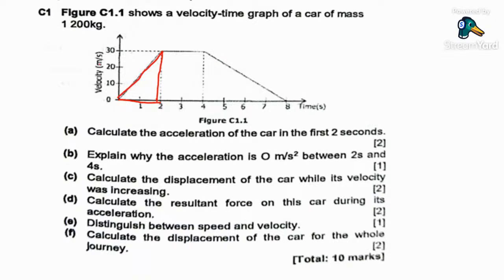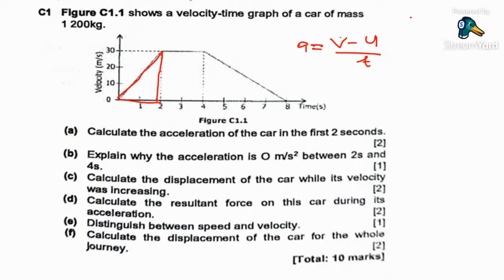Calculating the acceleration here, you know that it is a velocity time graph, and that acceleration is the rate of change of velocity. So how do you calculate acceleration? a equals final velocity, V, minus initial velocity, U, divided by the time.